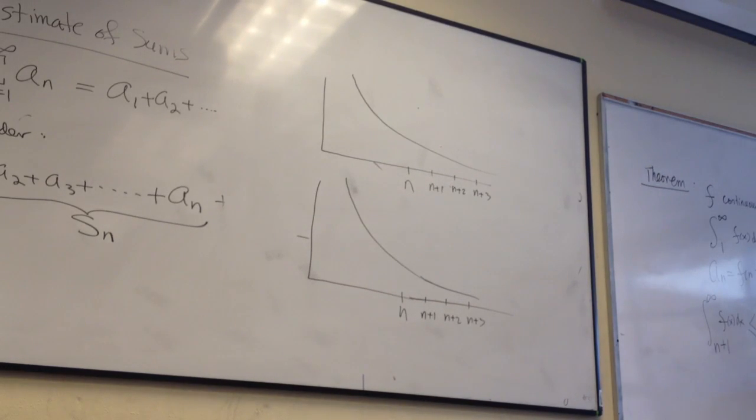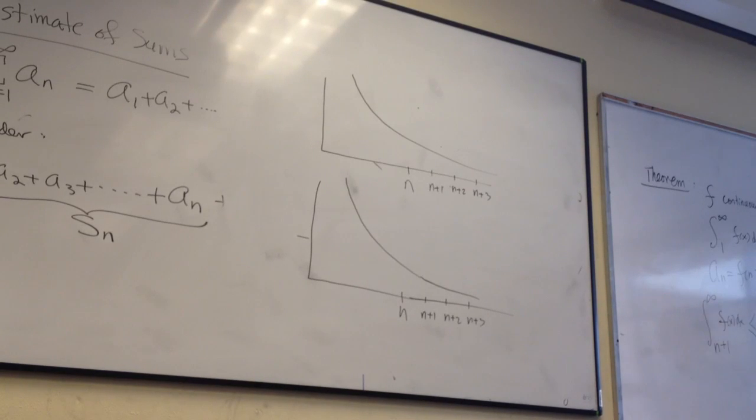This one would be what? A_{n+1}. This is what is left after you have summed the first n terms. So the remainder therefore is the (n+1)th term plus the (n+2)th term plus dot dot dot.